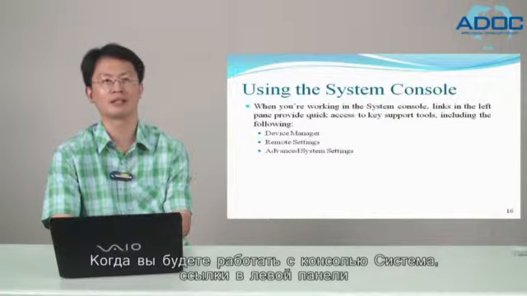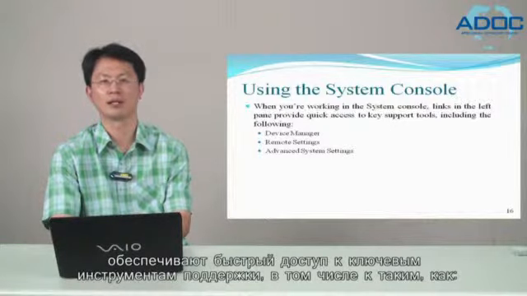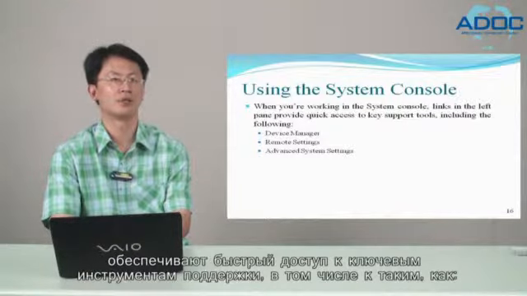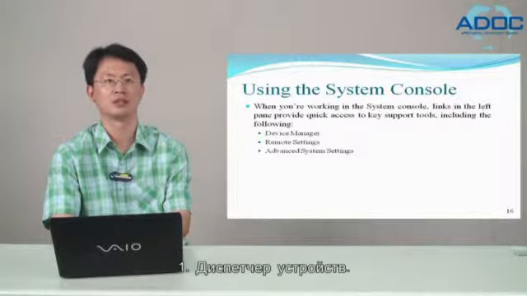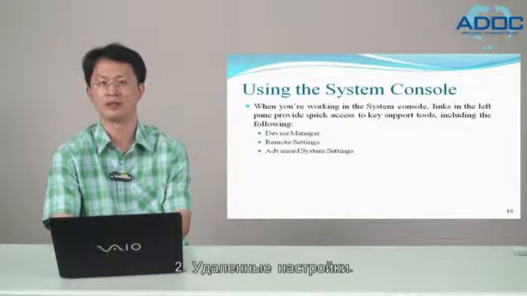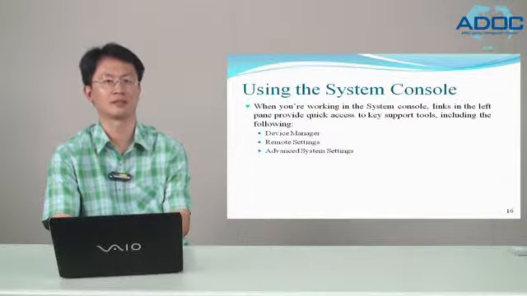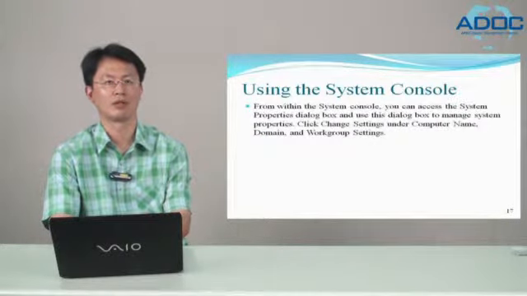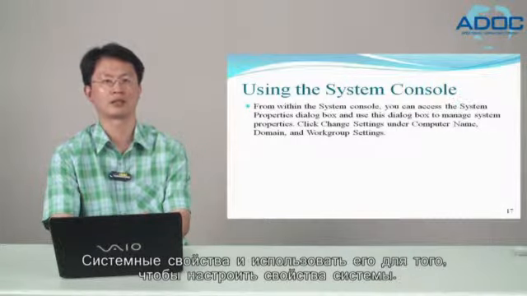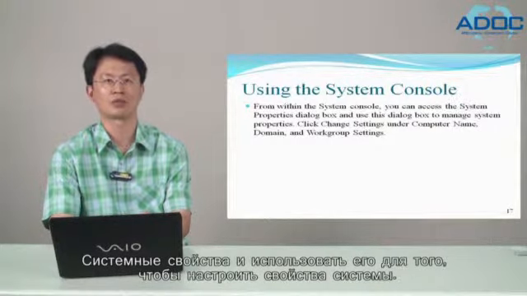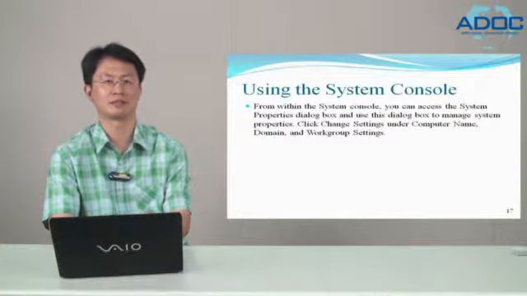When you are working in the System Console, links in the left pane provide quick access to key support tools, including the following: Device Manager, Remote Settings, Advanced System Settings. From within the System Console, you can access the System Properties dialog box and use it to manage system properties.